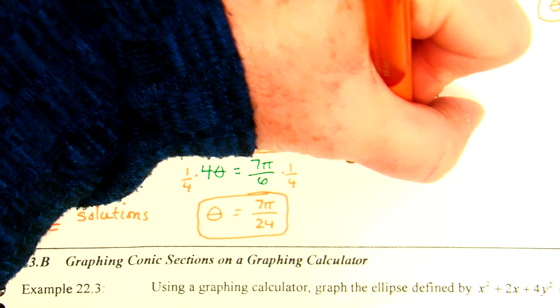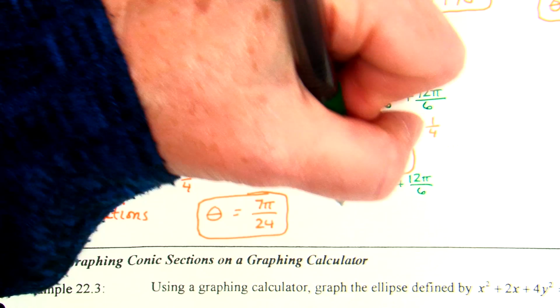And if you'd rather, you could continue doing the whole top row and then come back and do the bottom row, couldn't you? But in my bottom row, it was 4 theta, and it was 7 pi over 6. But if we add 2 pi, we're adding 12 pi over 6. 7 pi over 6 and 12 pi over 6 is going to be 19 pi over 6, which you are dividing by 4 or multiplying by 1/4.